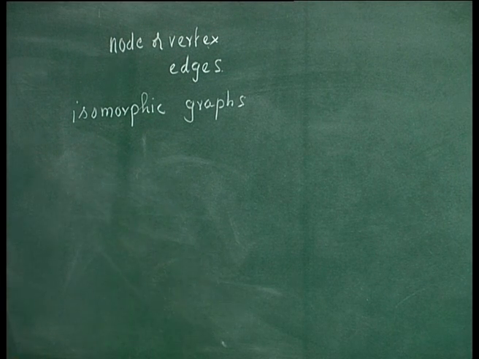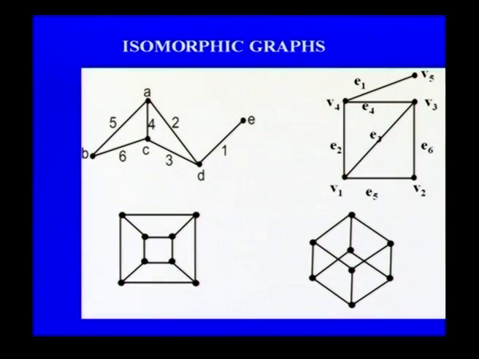Look at these two graphs. These two graphs are isomorphic. They have 8 vertices and you can see that the incidence relationship is preserved. Look at these two graphs.